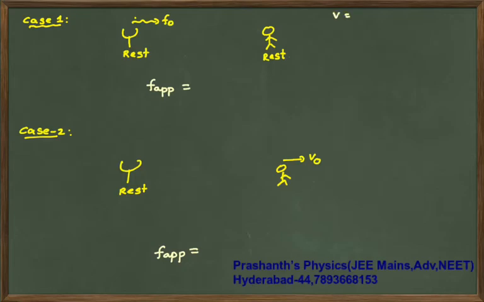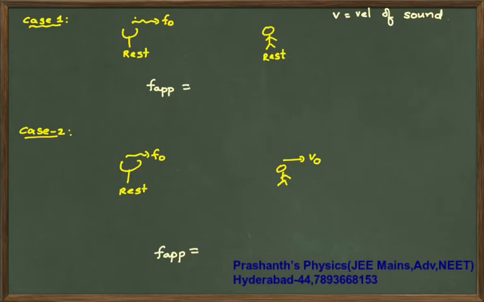Assume V is the velocity of sound. And the frequency produced by the source, even though I did not mention it, is some F naught. And if nothing is mentioned, there is no wind at all.